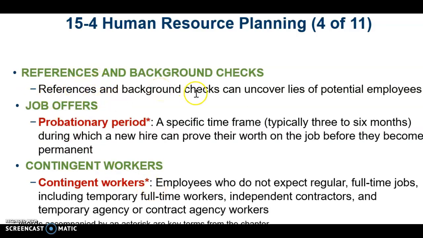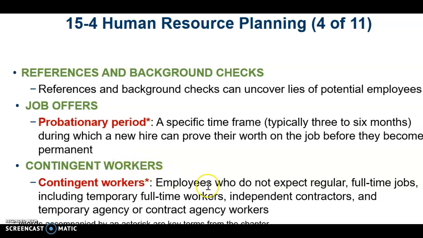References and background checks can uncover lies of potential employees. Probationary periods can be a specific time frame, typically 3 to 6 months, during which a new hire can prove their work on the job before they become permanent.